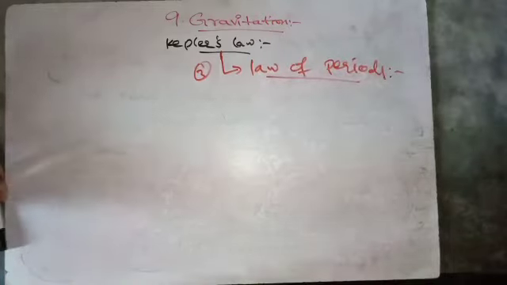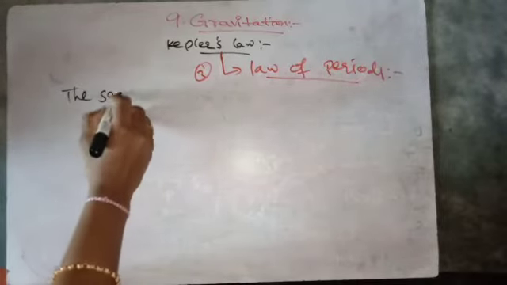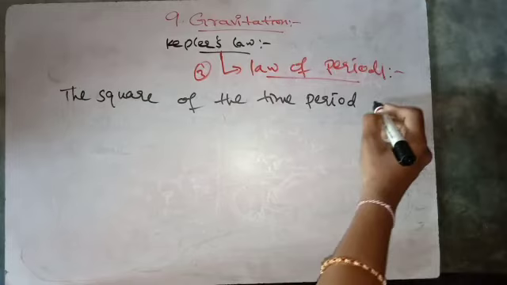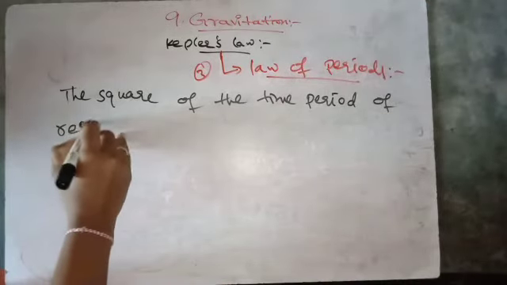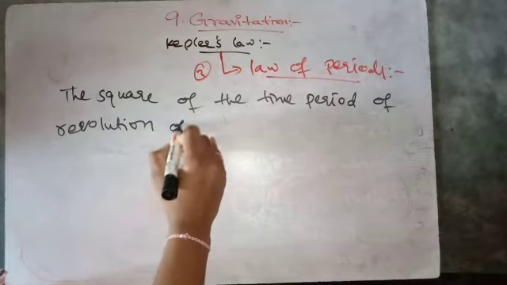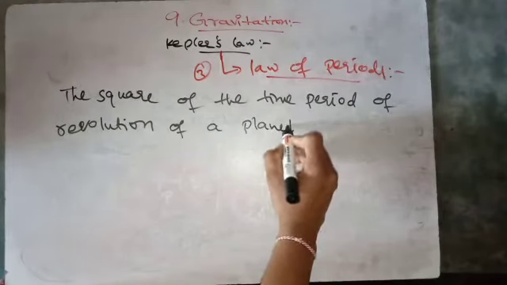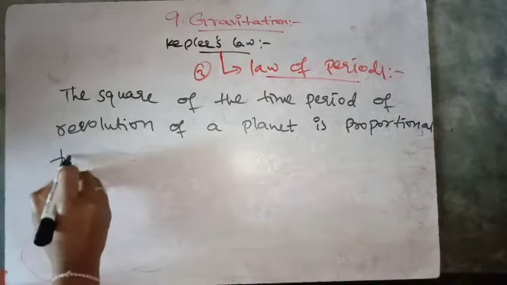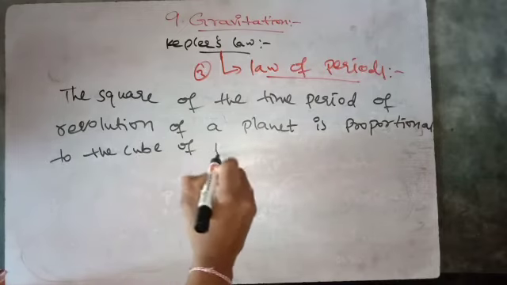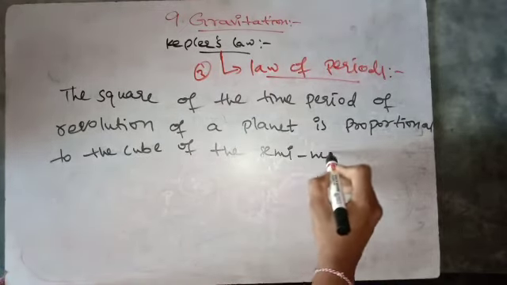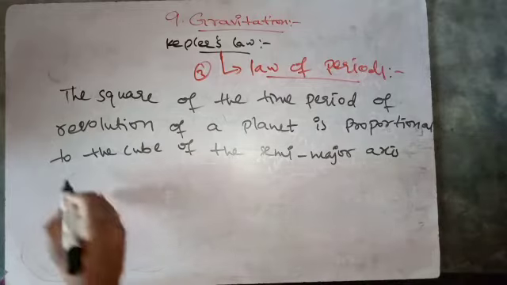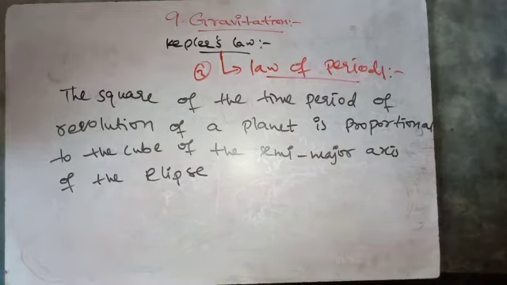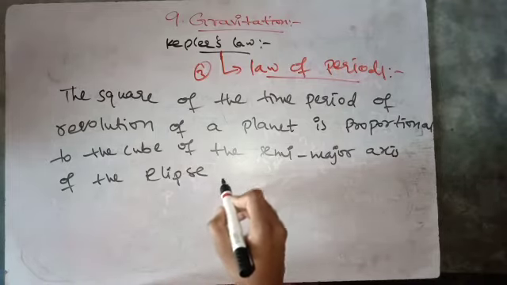This law states that the square of the time period of revolution of a planet is proportional to the cube of the semi-major axis of the ellipse which was traced out by the planets.